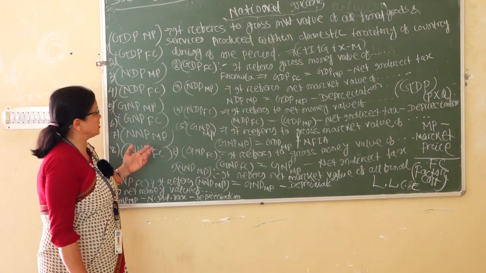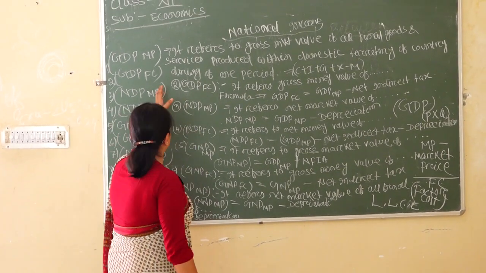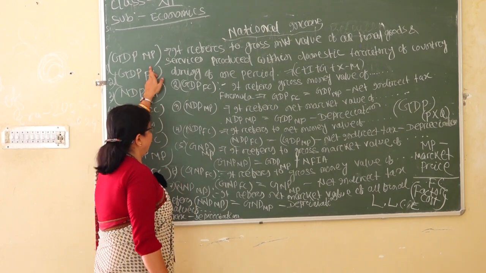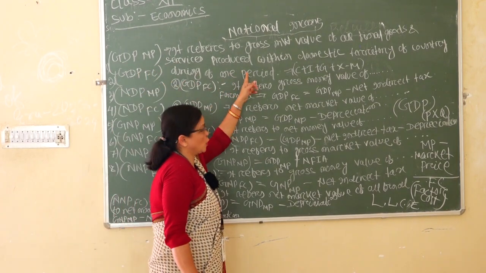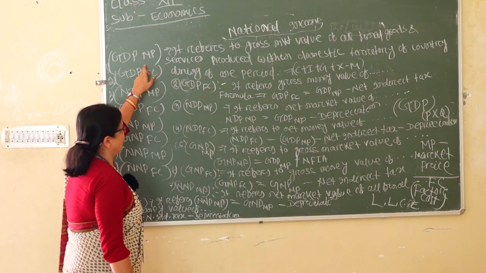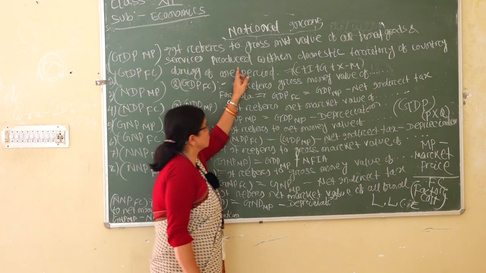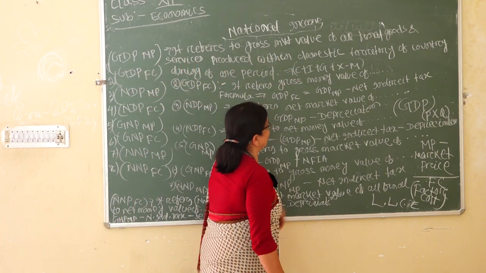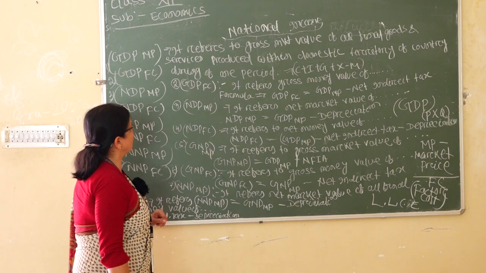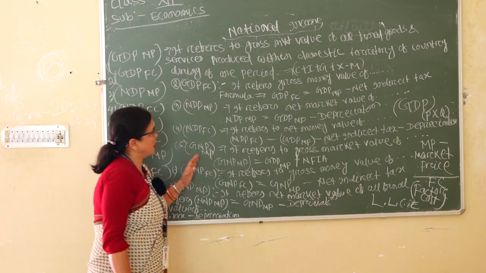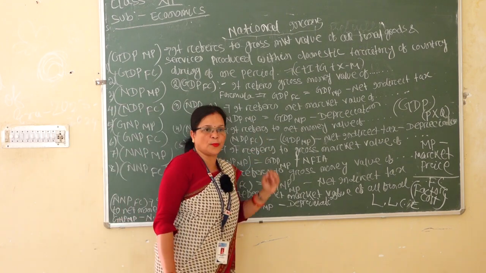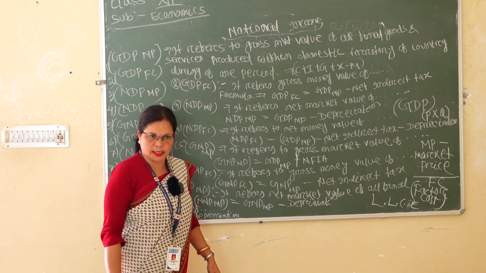So what do we mean by GDP MP? GDP at MP refers to the gross market value of all final goods and services produced within the domestic territory of a country.